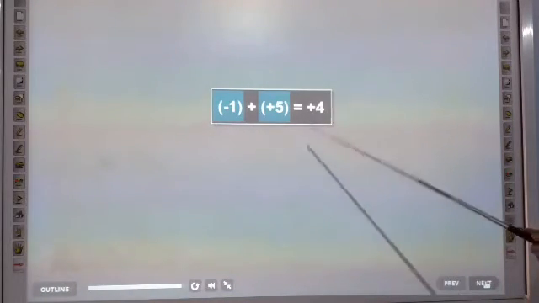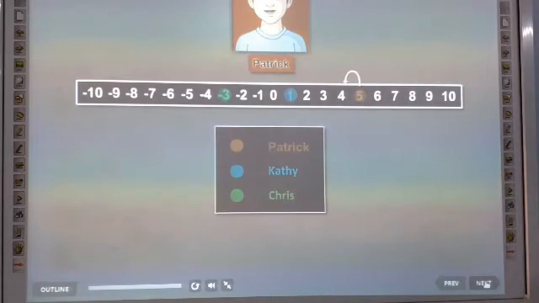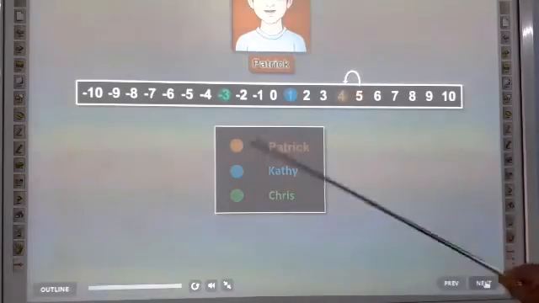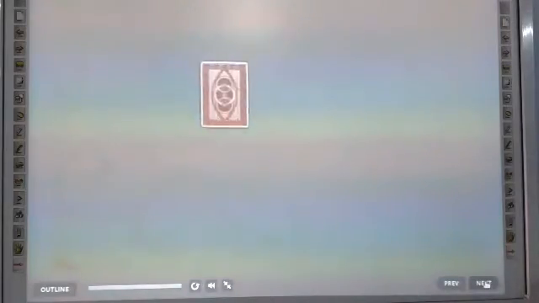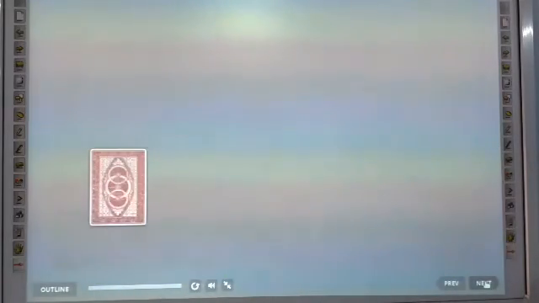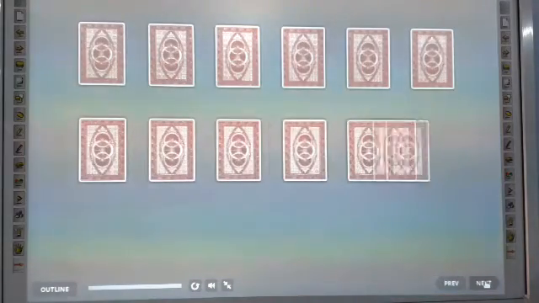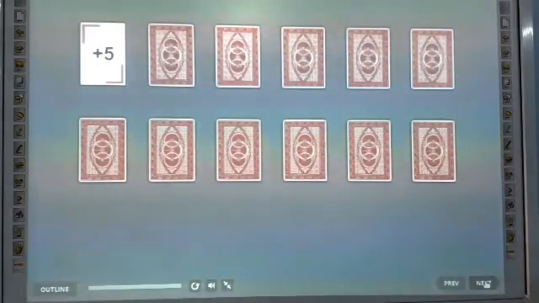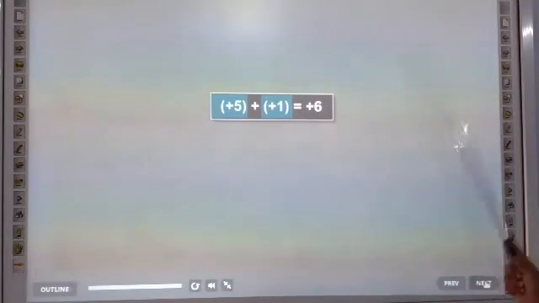Minus 1 plus 5. 5 minus 1 is equal to plus 4. Shift, move to the left side. Plus 5 integer, plus 5 plus 1 is equal to plus 6.